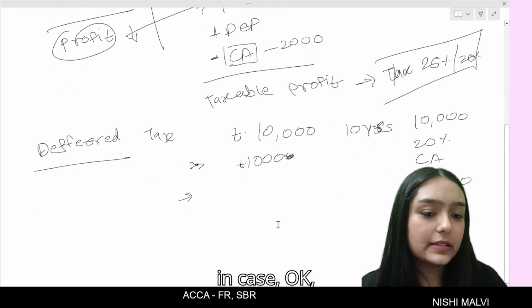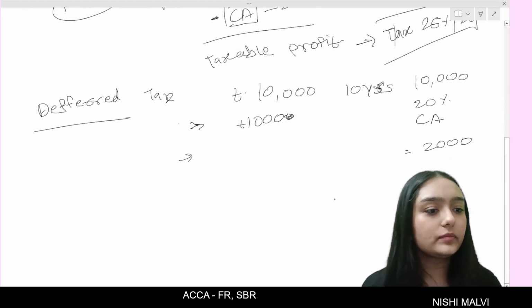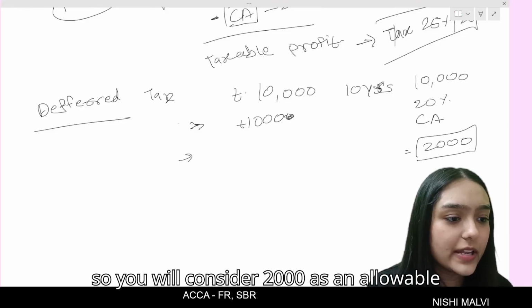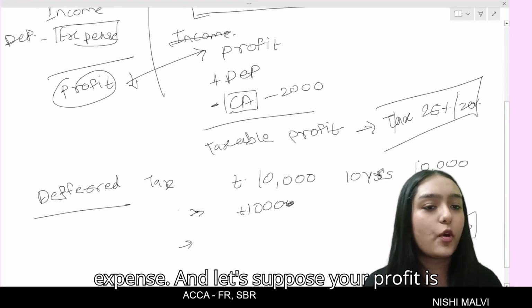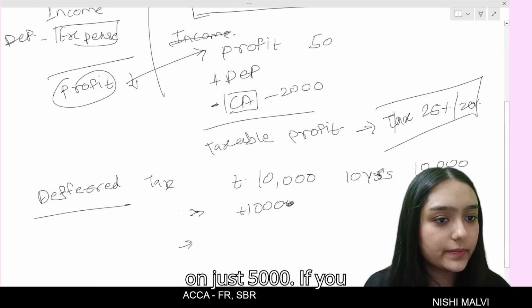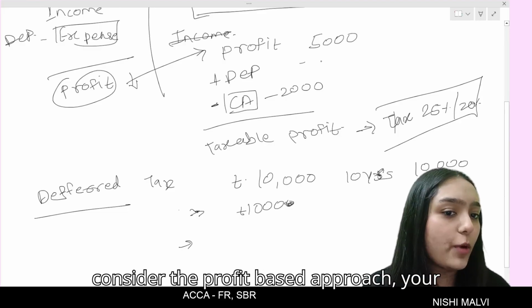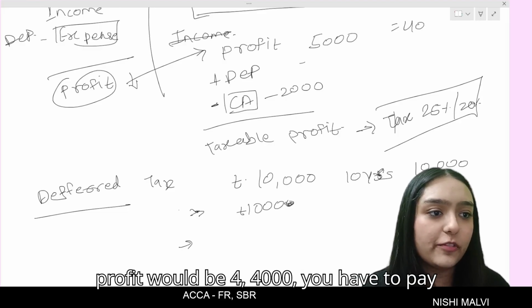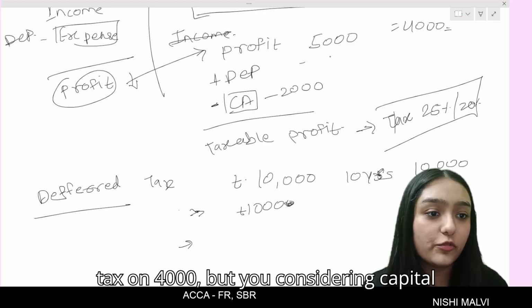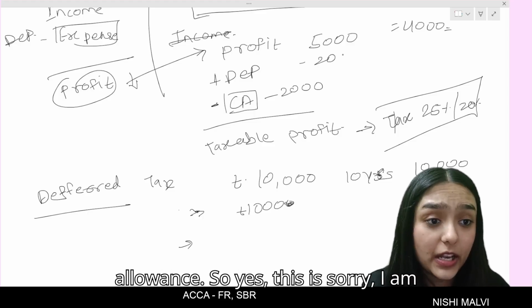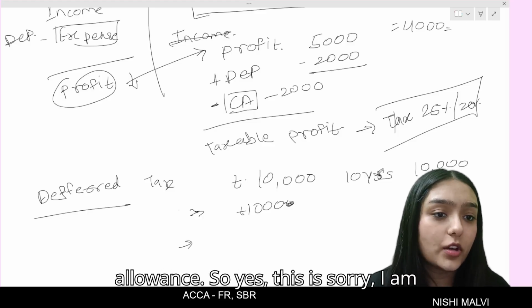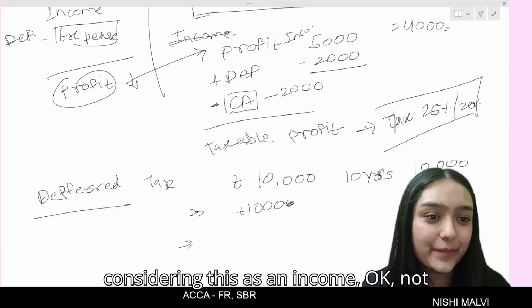You will consider 2,000 as an allowable expense, and let's suppose your income is just 5,000. Sorry, I'm considering this as income, not profit.